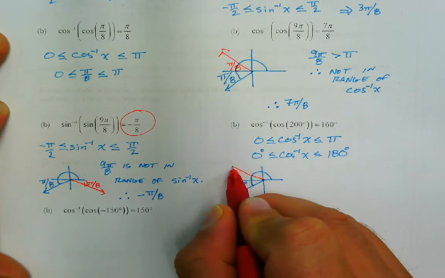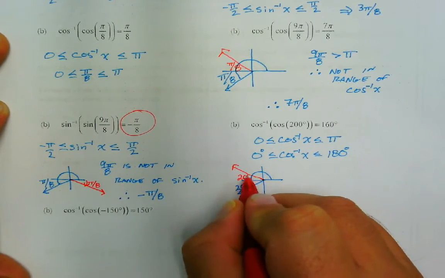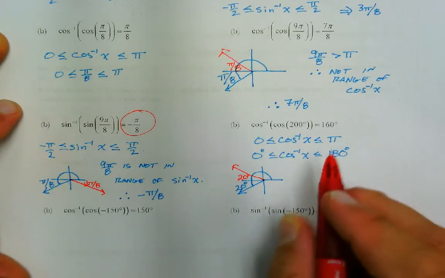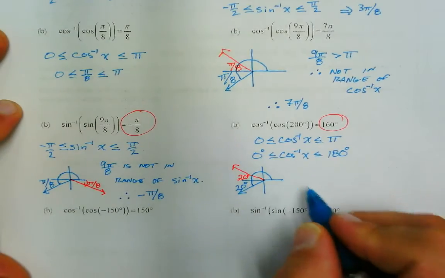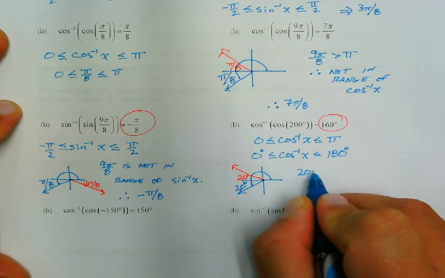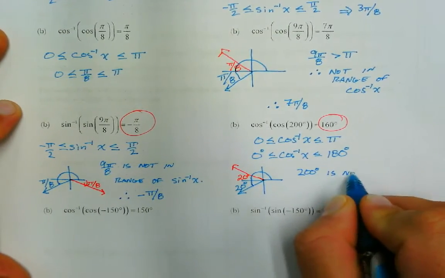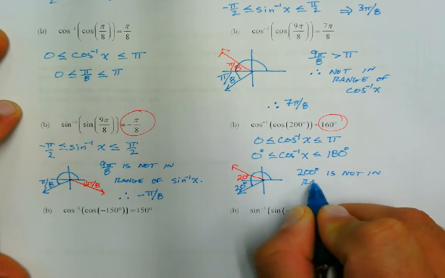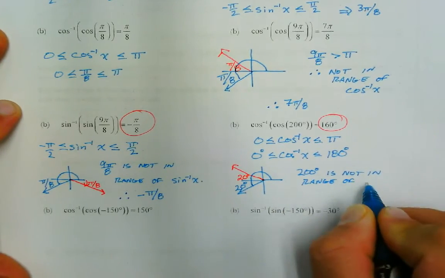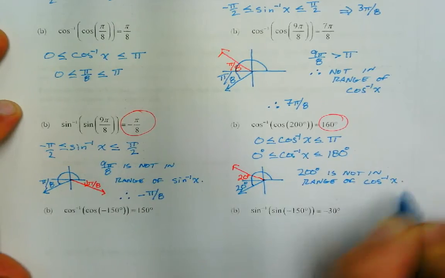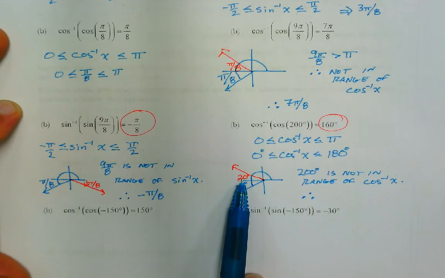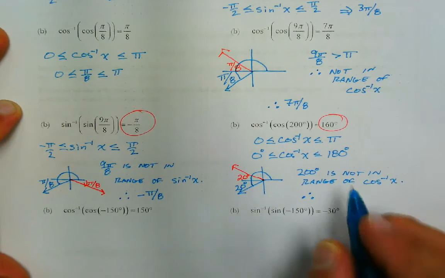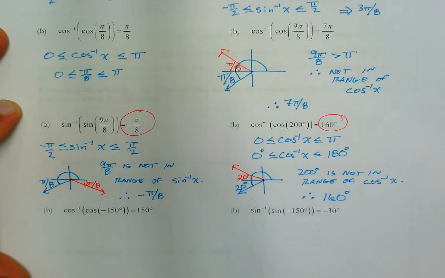That would be a second quadrant angle with the reference angle of 20 degrees, and that's where I have 160 degrees. So 200 degrees is not in the range of the inverse cosine, therefore it has to be some other angle that has the same reference angle and the same positive or negative ratio, and in that case 160 degrees.